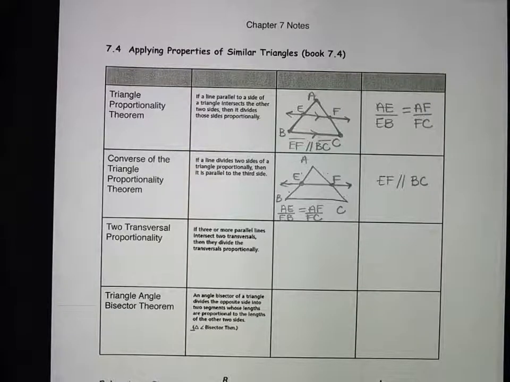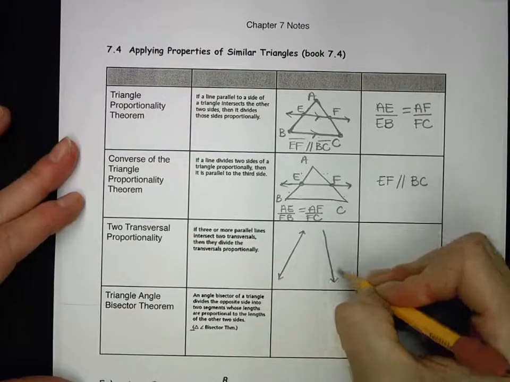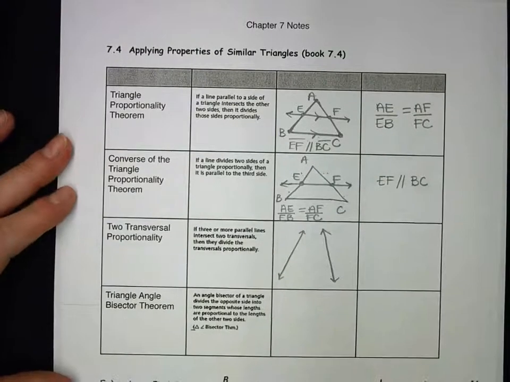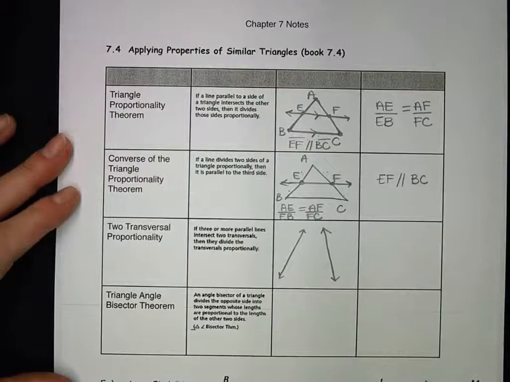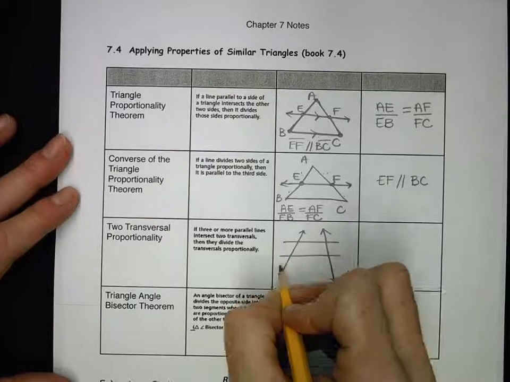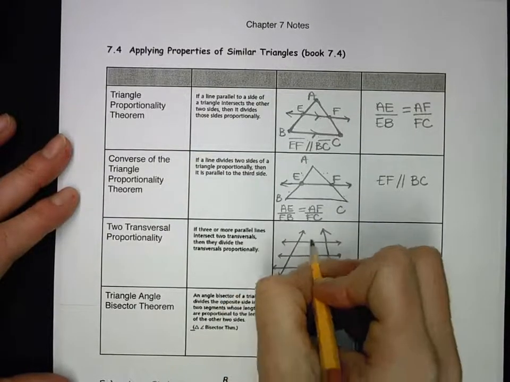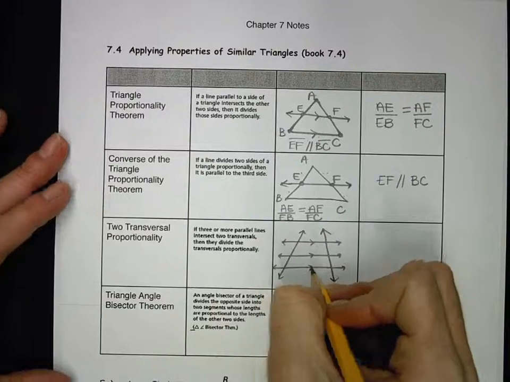Our next theorem is called the two transversal proportionality theorem. This says if three or more parallel lines intersect two transversals, then they divide the transversals proportionally. For example, if you have a line here and a line here, those are going to be my transversals. If three or more parallel lines intersect them, I'm going to draw my three parallel lines. We're going to say that all three of these lines are parallel.